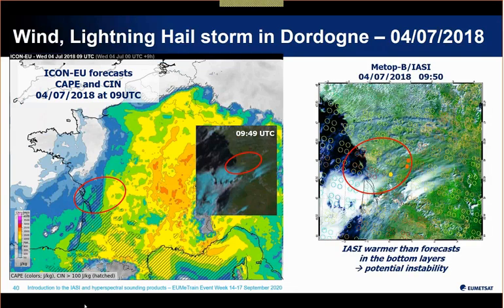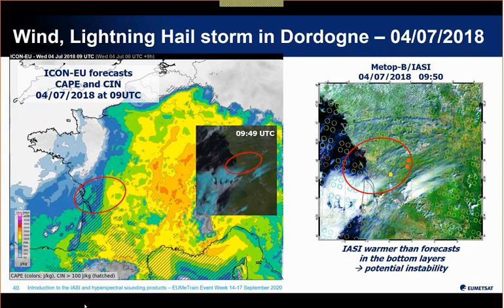Interestingly though, in the EASI products, we could see trace of instability, which is represented here. And looking at the details of the profiles, we realized that we retrieved warmer temperature than the forecast, and that resulted in potential instability.